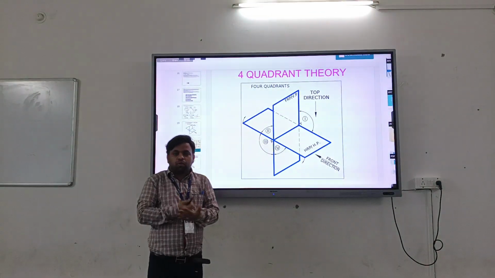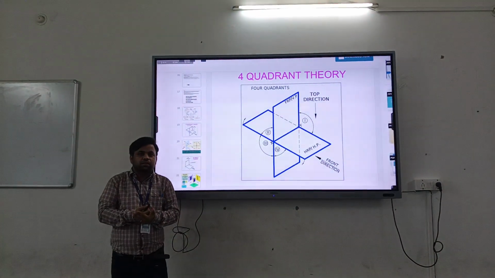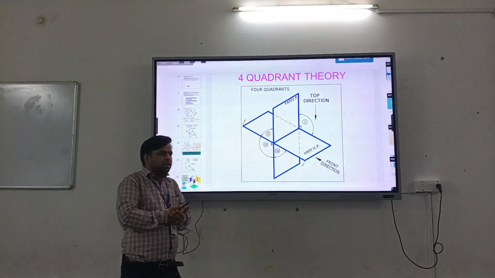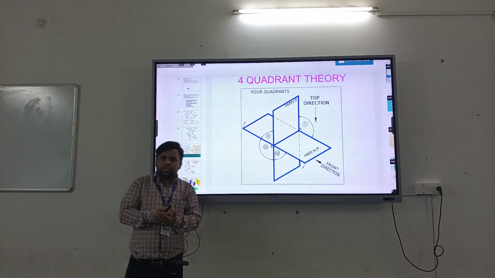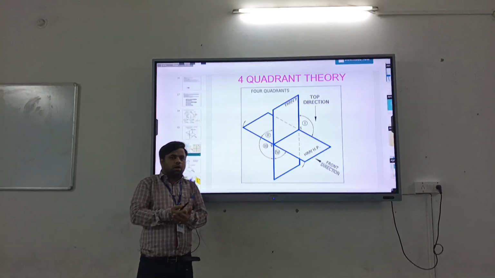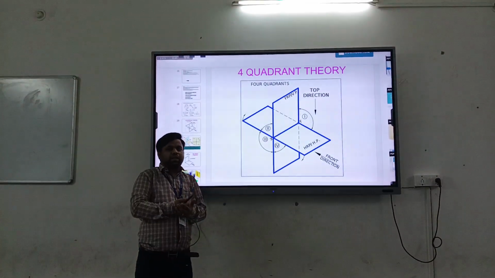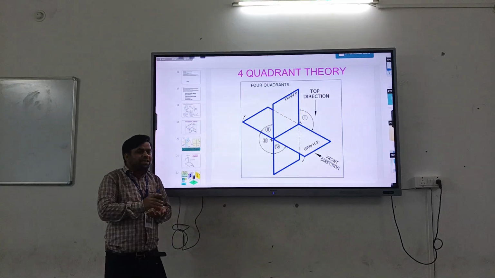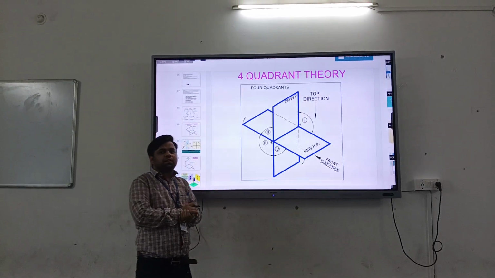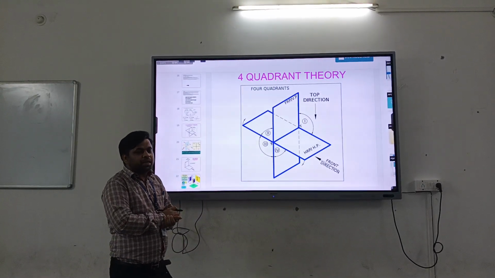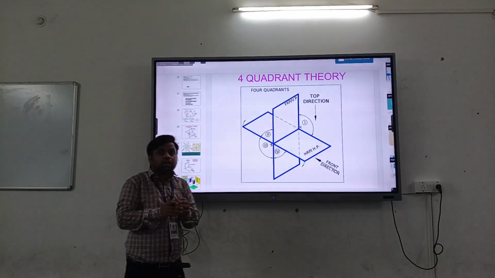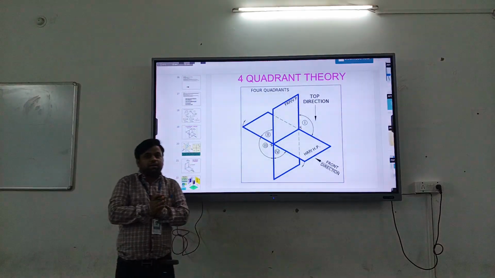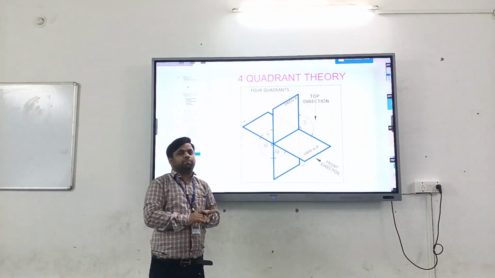That is, before drawing any machine element or any electric circuit diagram or engineering related drawing, we have to understand the basic concepts that are used in engineering drawing. So here we first understand the planes, that is the vertical plane and horizontal plane.